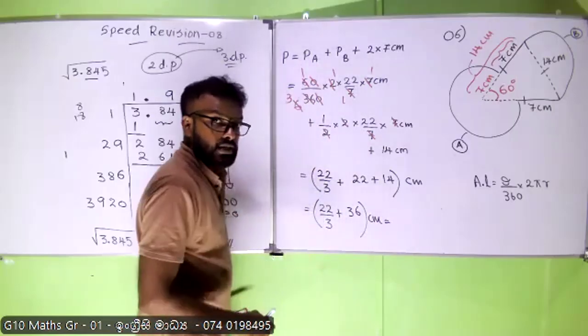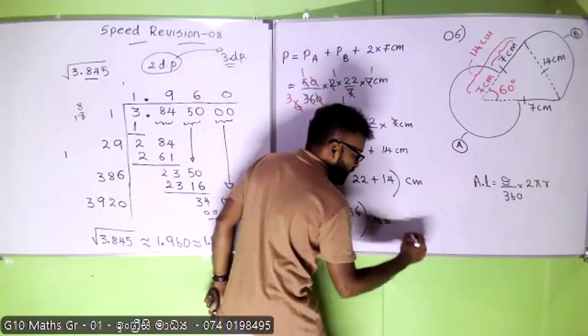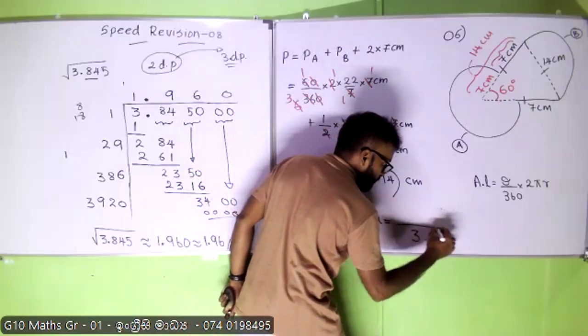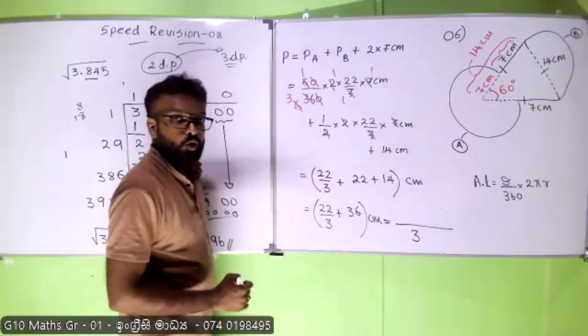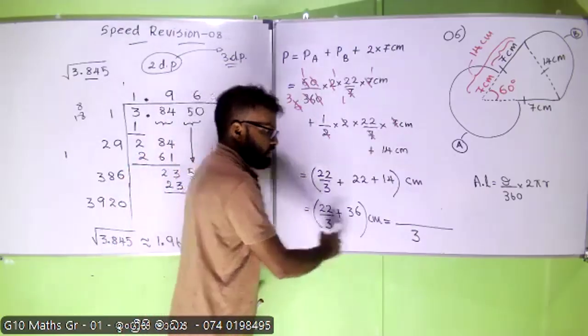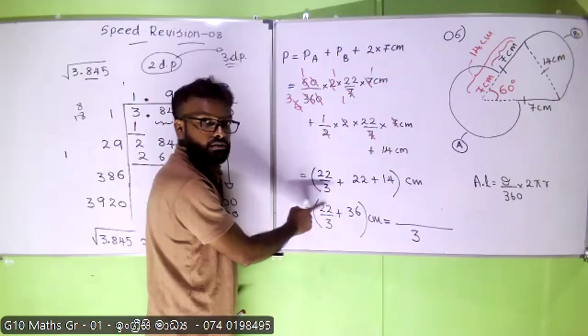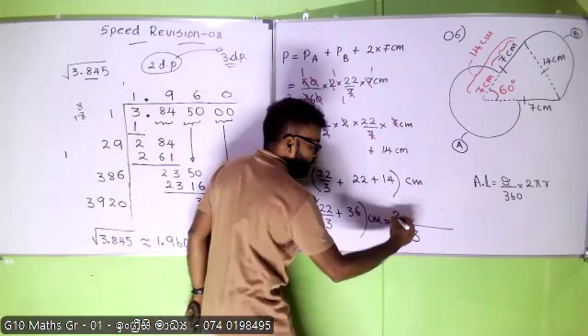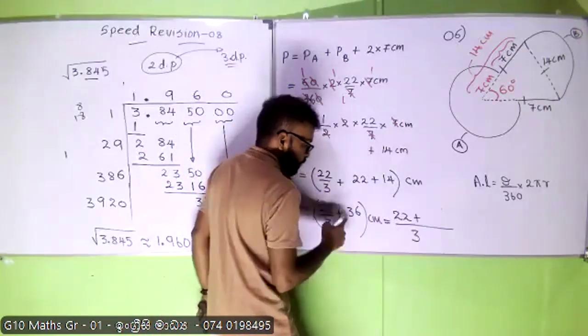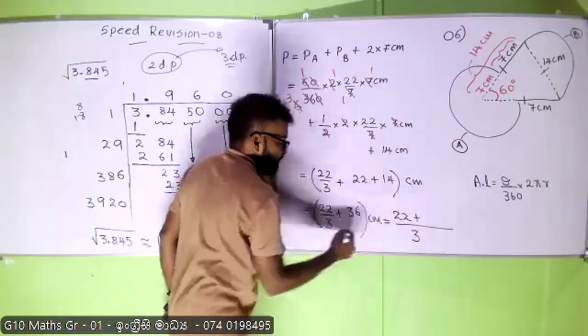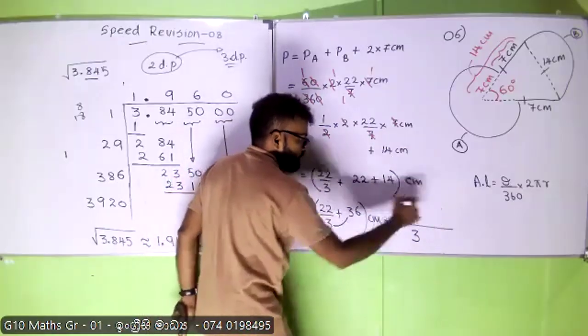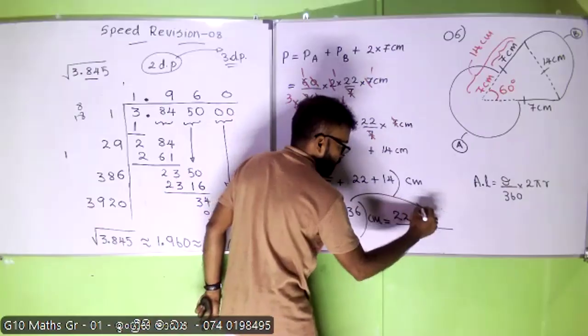Common denominator is 3. I hope you can remember the method. How many 3's are there for 3? It is the same one. So put 22 here. Now we are going to put the number here. So multiply 3 into 14.